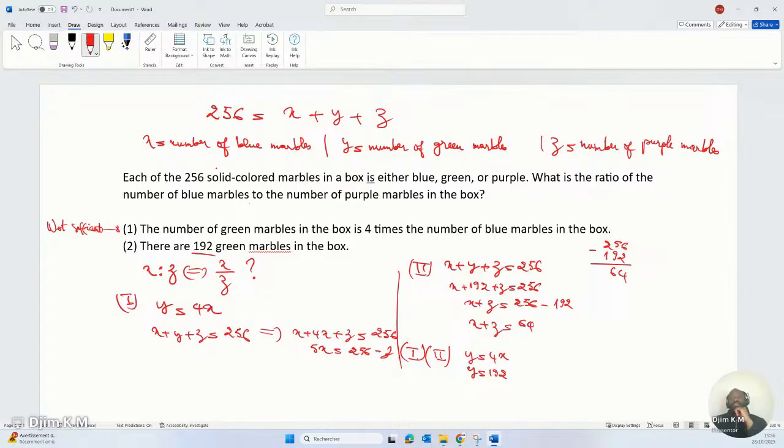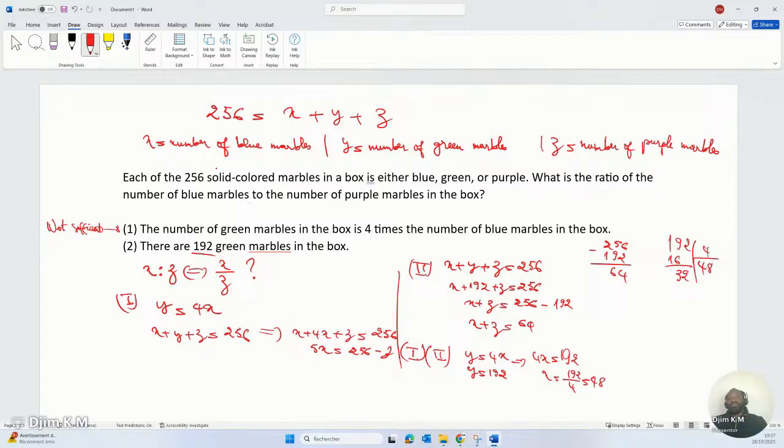We can find the value of x. So this will mean that 4x is equal to 192, and x will be equal to 192 divided by 4, which is 48.